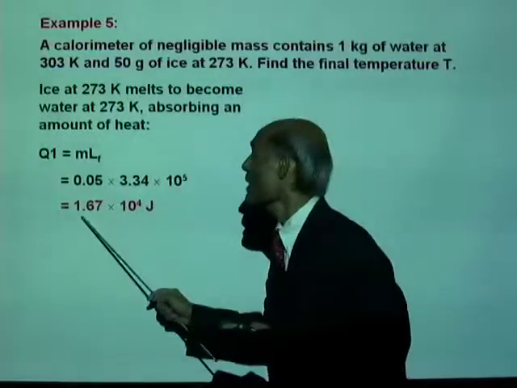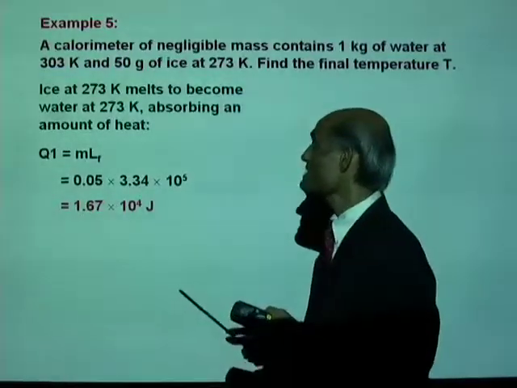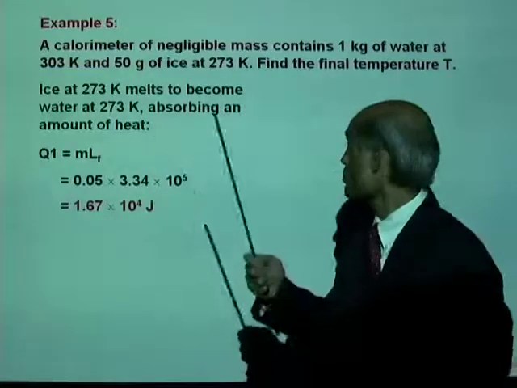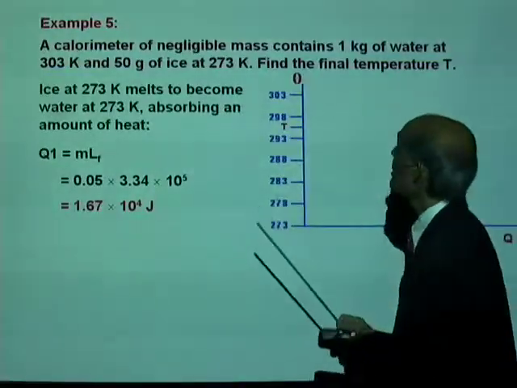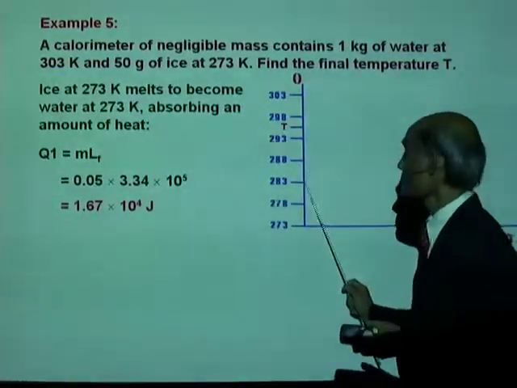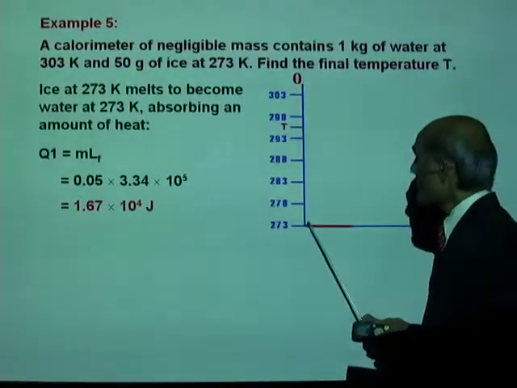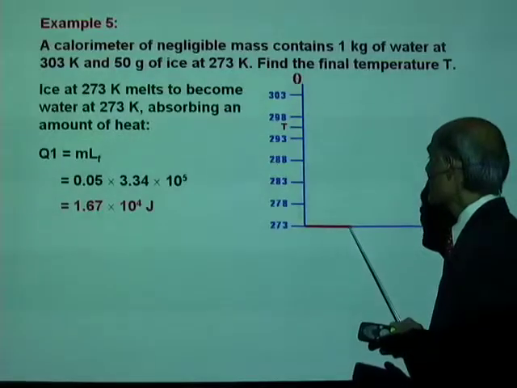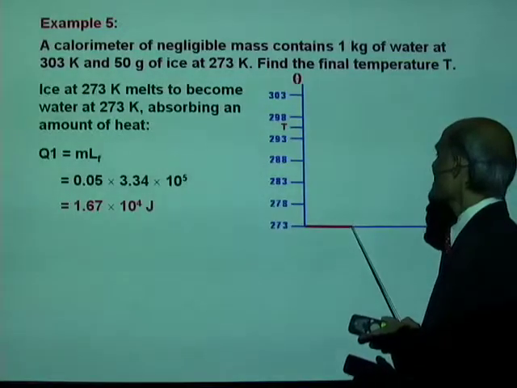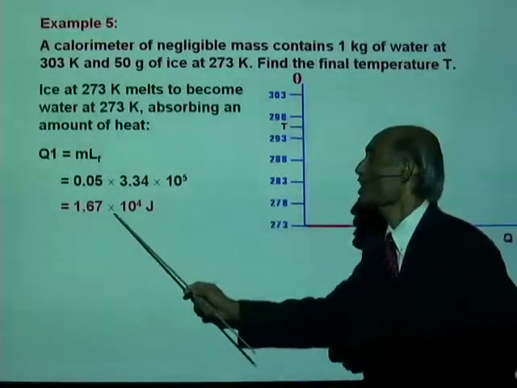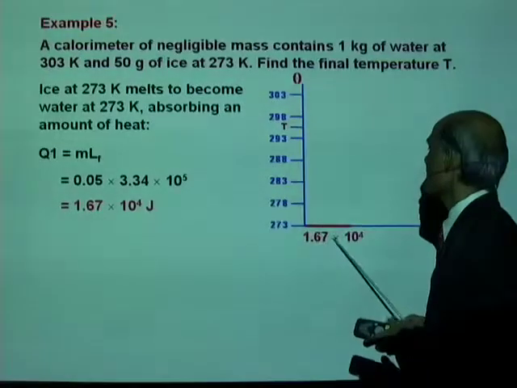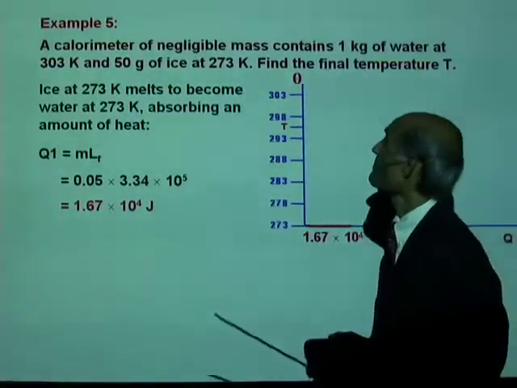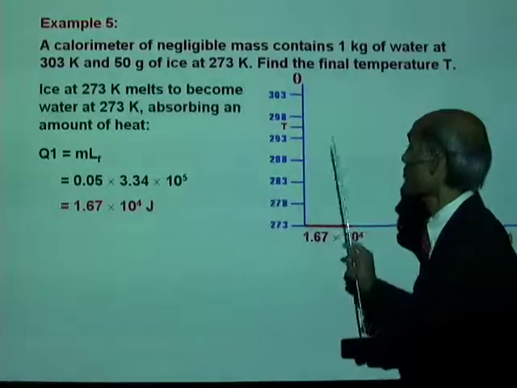And that gives you 1.67 times 10 to the 4 joules is the amount of heat absorbed by ice. Let's do that on the diagram. Ice at 273 Kelvin melts to become water at the same temperature, absorbing this much of heat, 1.67 times 10 to the 4. And now what happens?